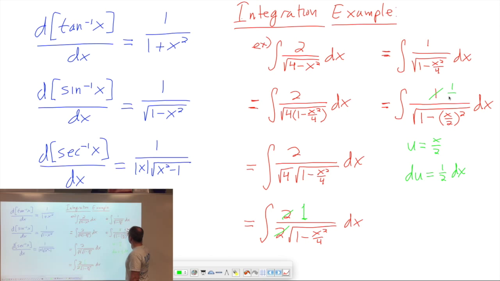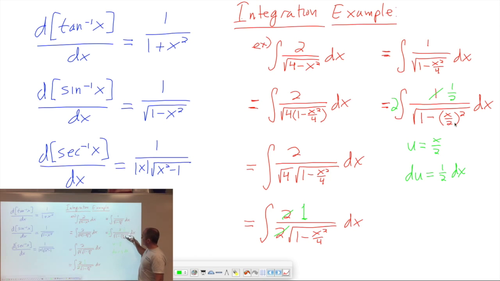I can replace the 1 with a 1/2 as long as I balance it out somewhere. I can put a 2 out in front. 2 times 1/2 is 1, they cancel out. The point is, I have my inside function x over 2 and its derivative. The tricky part about inverse trigonometric functions when you're anti-deriving them is that if you're used to looking for a u and a du when you do your u substitution, here your u is being squared.